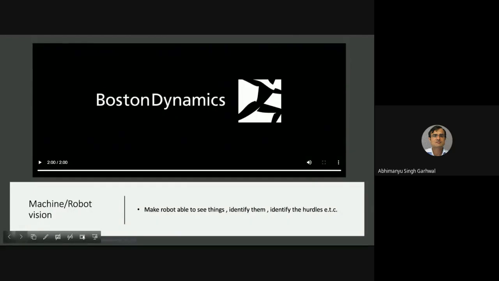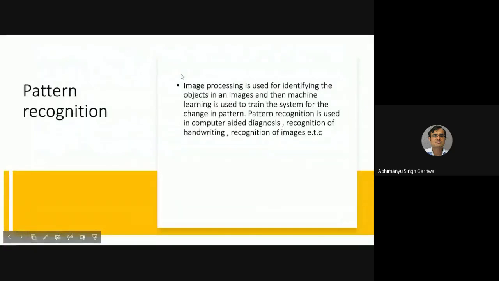The next application of image processing is pattern recognition. In pattern recognition, by using a definite kind of image processing, we can identify different kinds of objects in images, like handwriting, or if on an image there is a ball or any obstacle.